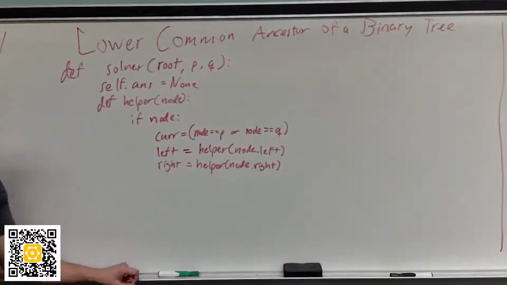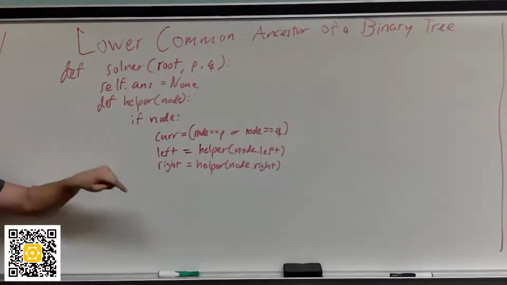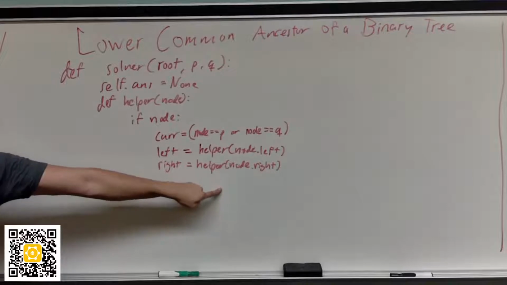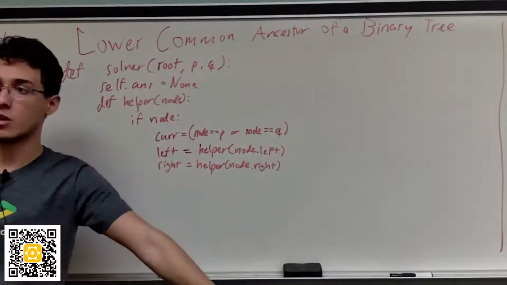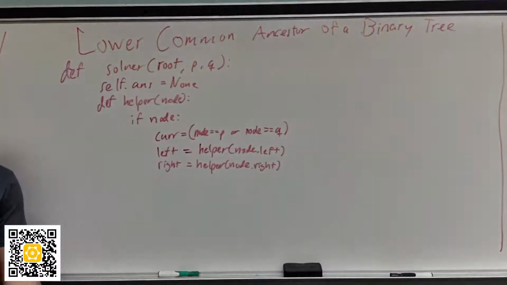Okay. Makes sense so far. So we're trying to find it. And it could be that the answer is actually going to be found here or here. Because maybe it's not the root. Maybe it's actually a child of the root or a child of that child. Does that make sense? Right? Because let's say P and Q are 7, right?